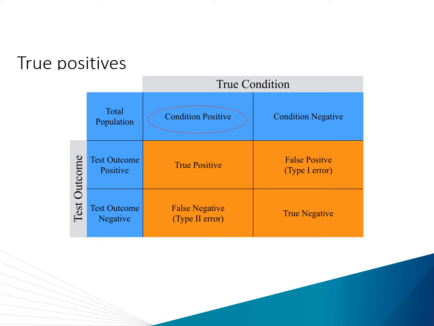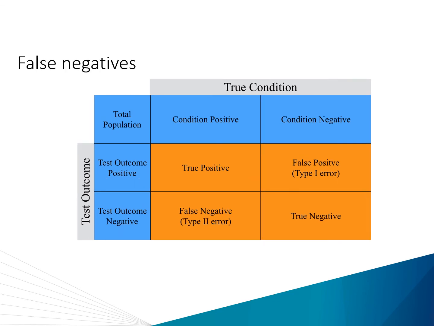So if the condition is positive and the test outcome is positive, you get a true positive. On the other hand, if the test is negative and the condition is positive, you get a false negative.